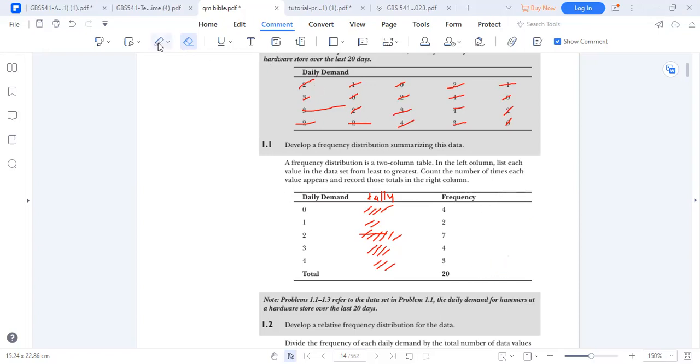If I'm going to start the cumulative frequency, which is CF, we add a 4. 4, you add it to the 2, you get a 6. 6, you add it to the 7, we get 13. 13, you add 4, we get 17. 17, you add 3, we get 20. This is how we come up with the cumulative frequency.